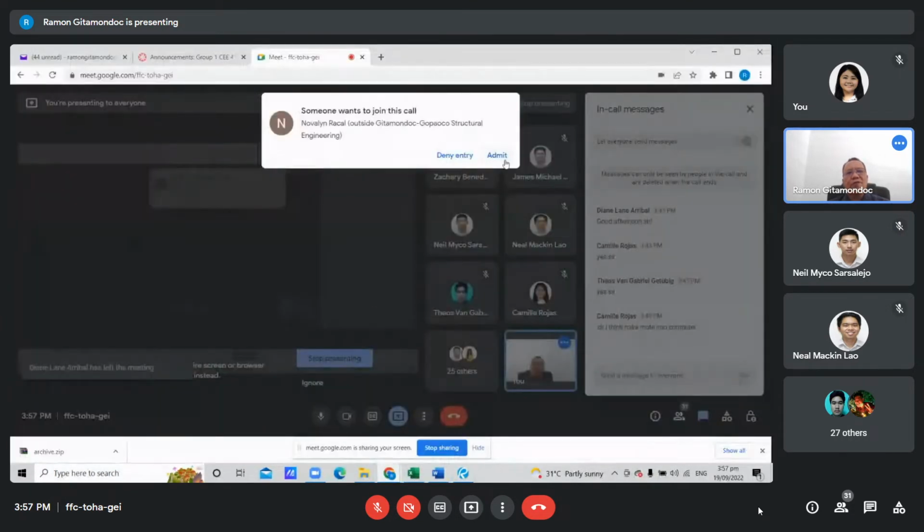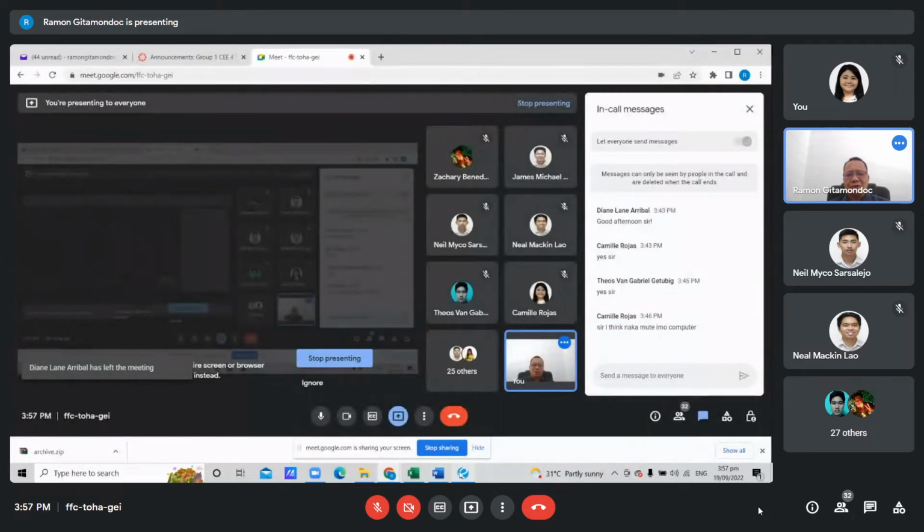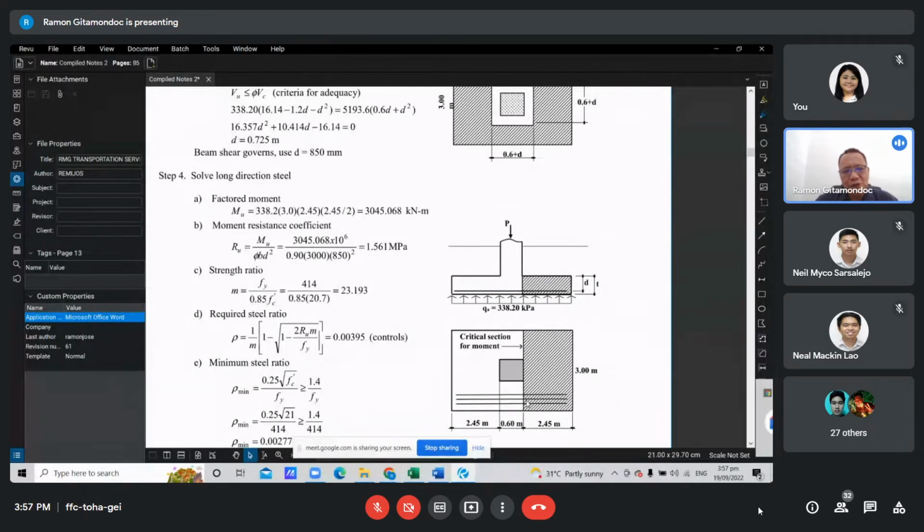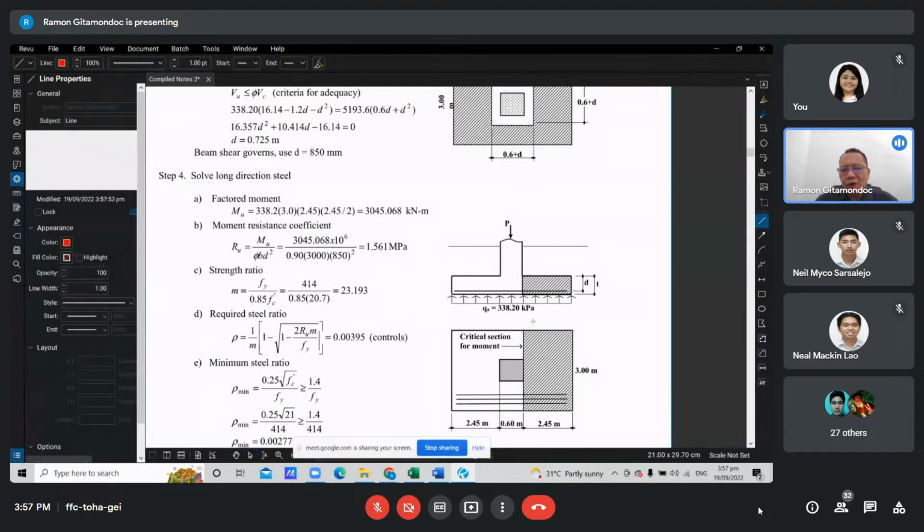The steel required in the long direction is different from the short direction. So in step 4, we compute the long direction steel. The long direction steel is the steel parallel to the long side. This steel counteracts the bending moment at the critical section here.